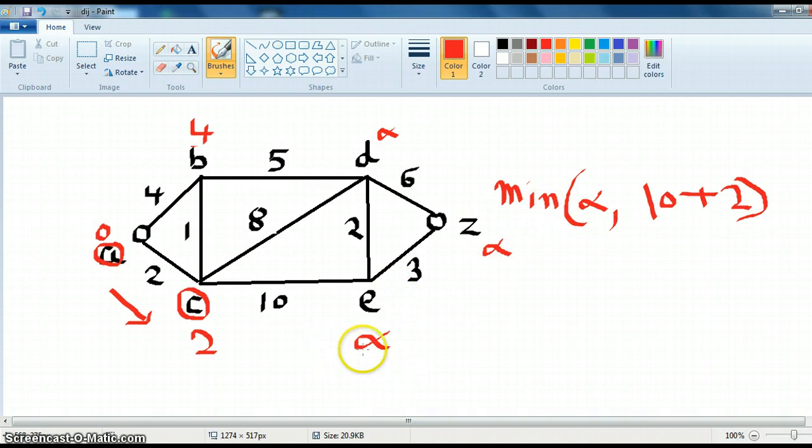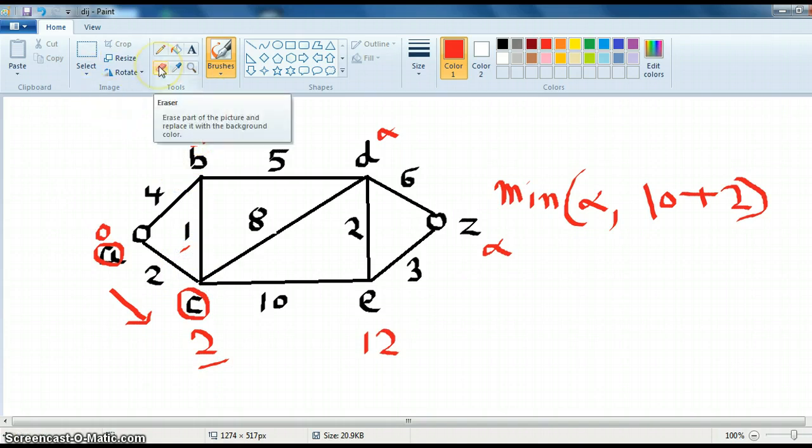So we will update infinity with 12. Similarly, the cost between C and B is 1, the cost of C is 2 and the cost of B would be 3. So 2 plus 1, that is 3, is smaller than 4. So we will update 4 with 3.